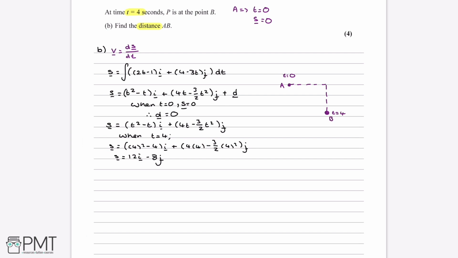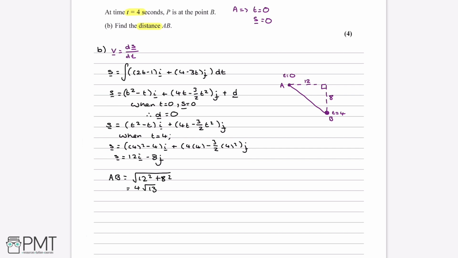And that means that if we were to find the length of AB, we can just use Pythagoras' theorem, because we know these two lengths here, and this is a right angled triangle. So if we were to use Pythagoras' theorem to find the length AB, we would get that AB is equal to the root of 12 squared plus 8 squared, which actually is 4 root 13.